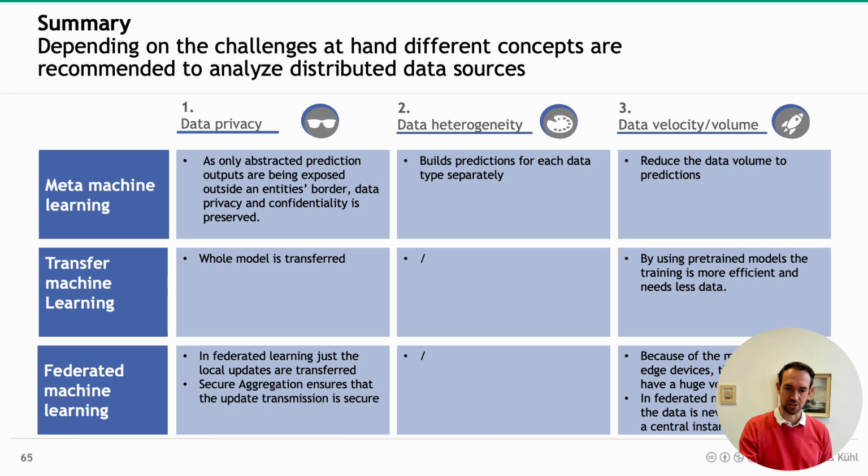And when it comes to data velocity and volume, we can see that all of them do reduce the data that is being transferred. In one case, we only transfer models, the second one over here with transfer machine learning. In one case, we only transfer the outputs, that is meta machine learning. And in the case of federated machine learning, we only do the updates.